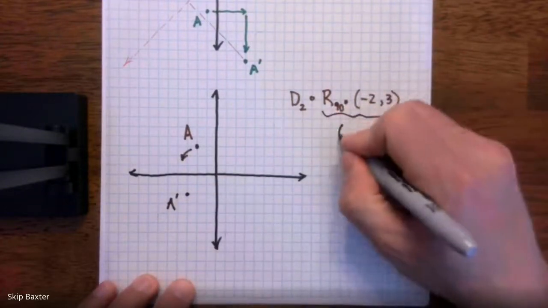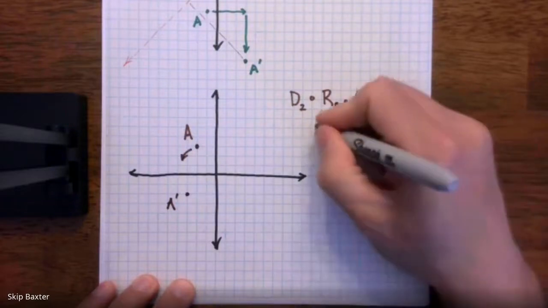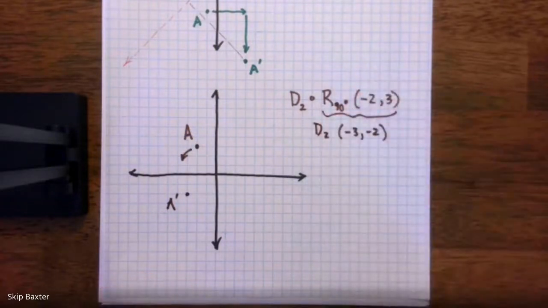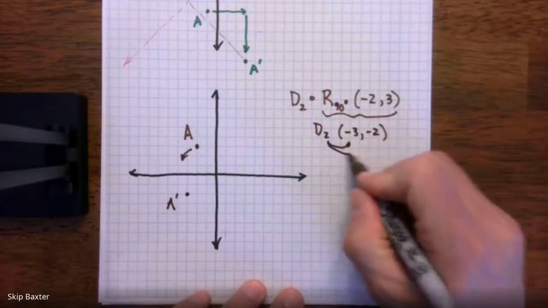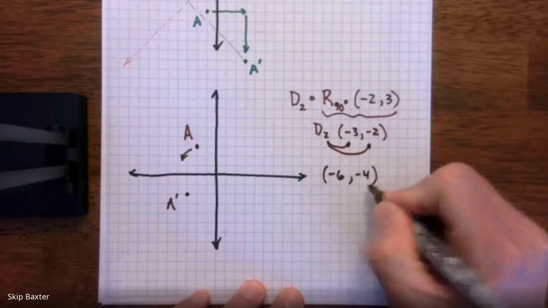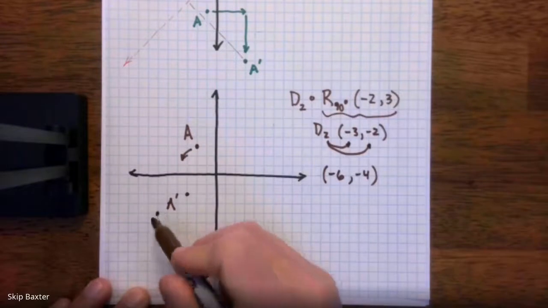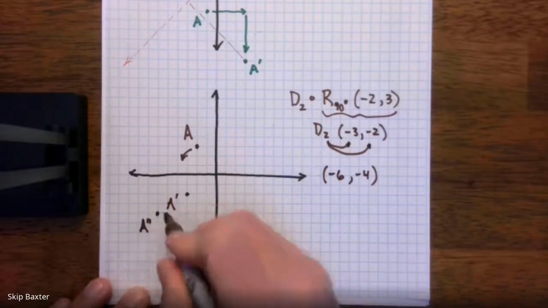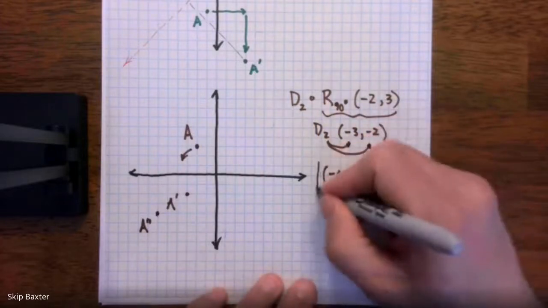Now I just want to do a dilation scale factor 2 to that. Remember, that's just multiply. So I end up getting -6, -4. And if I plot that on my paper, it's just as I think it should be. It ends up being a point that's twice as far away from the origin as it was before. And that's the overall answer right there.